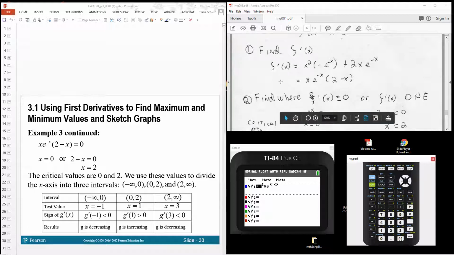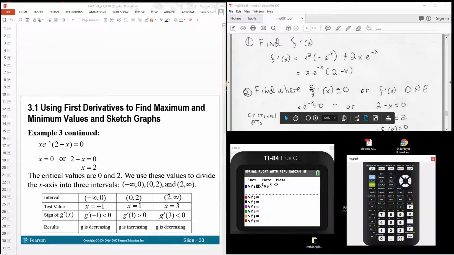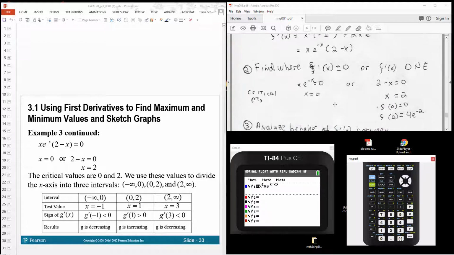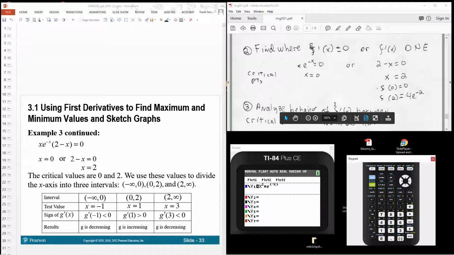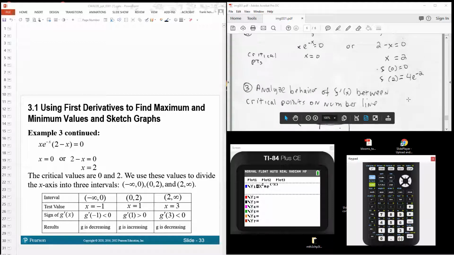So if x is 0, this goes out, and if x is 2, that'll go out. So my critical points are at 0 and 2. So I find out the coordinates of those locations, f of 0 and f of 2, which give me the coordinates of the location. I want to analyze behavior on the critical points in the number line.